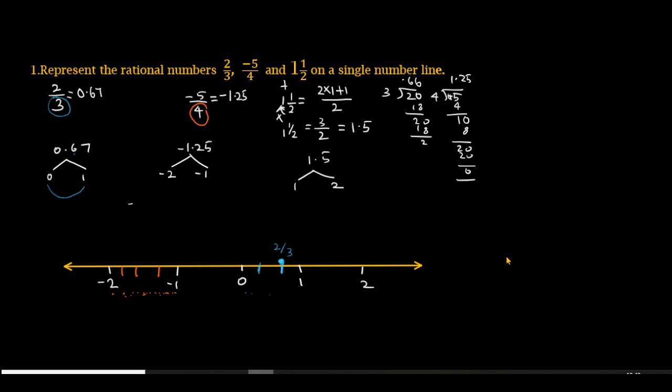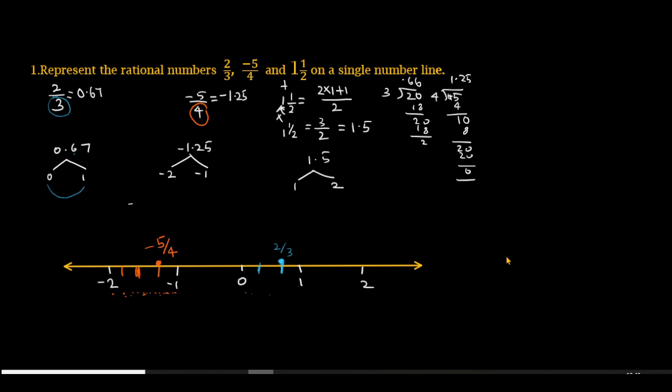Then look at the decimal, minus 1.25. Minus 1.5 is exactly the middle number. Minus 1.25 is nearer to minus 1. So we can take this place and represent minus 5 by 4 here.